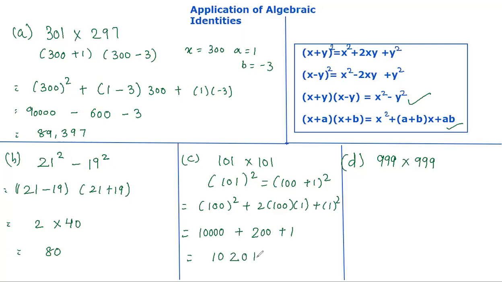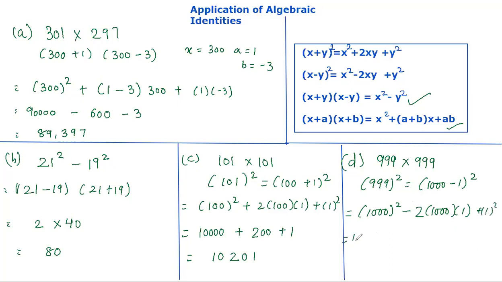Right? Now similarly over here, if I subtract some number from a number, then I will get 999. From which number do I have to subtract? From 1000. So 999 square will be nothing but (1000 minus 1) the whole square. And now we will use the (x minus y) the whole square identity. So that will be 1000 square minus 2 times 1000 into 1 plus 1 square.